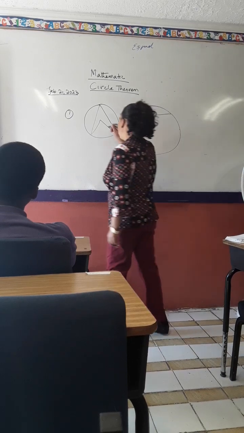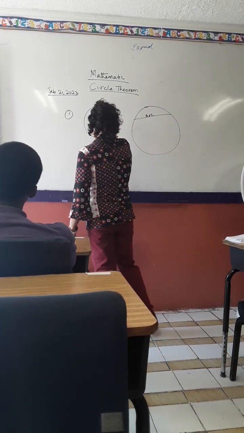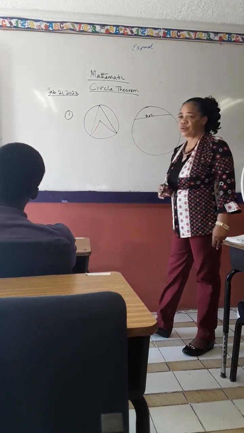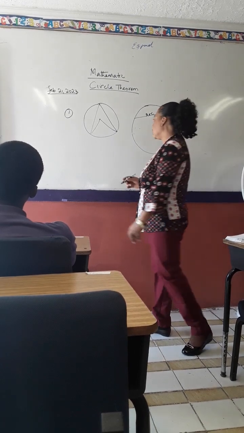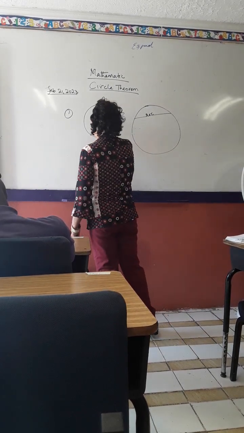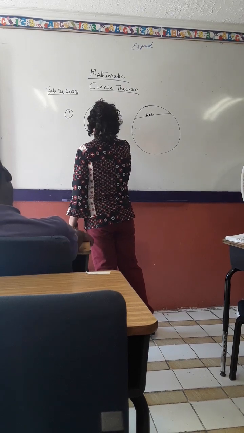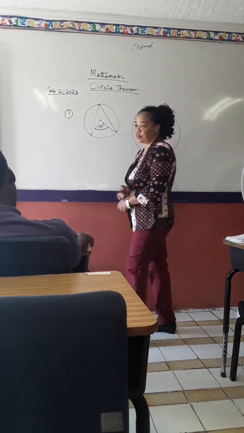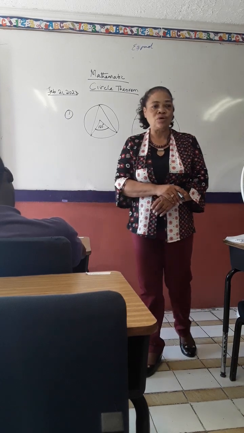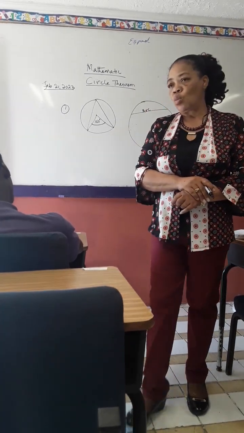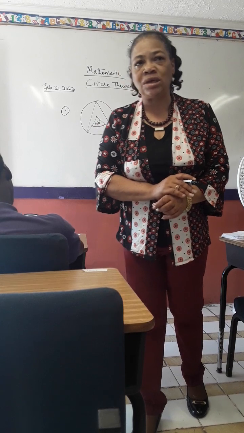So I know that right here is the center of the circle. And they're giving me an angle right here that says this is 160 degrees. The angle at the center of the circle is 160 degrees.